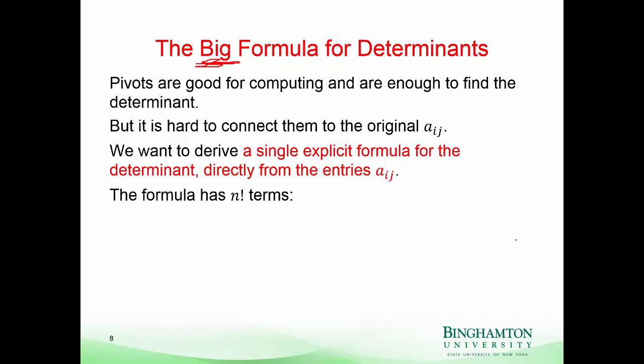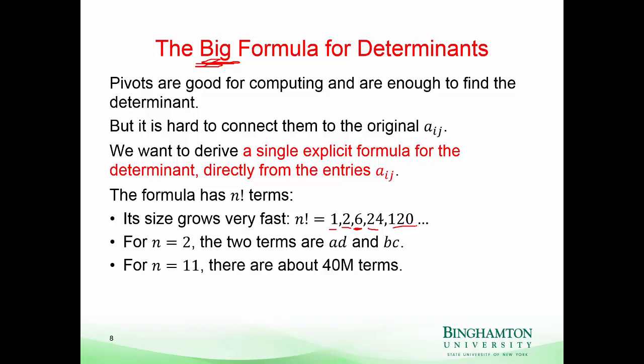This formula has n factorial terms, and look how fast that grows. 1 factorial is 1, 2 factorial is 2, 3 factorial is 6. In my case, I had a 3x3, so I only had 6 terms to worry about. But then look how quickly it goes. 4 factorial is 24, 5 factorial is 120, and if we go out to even just an 11 by 11, there's roughly 40 million terms.